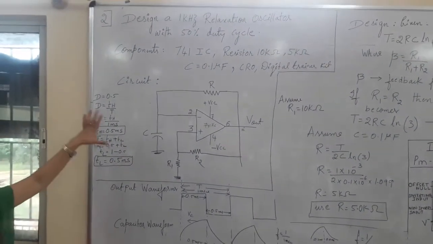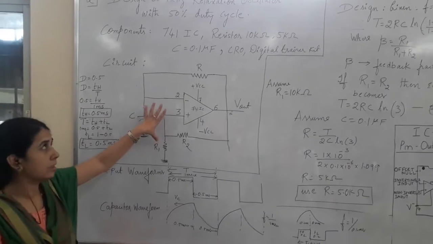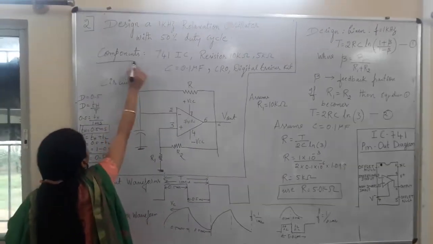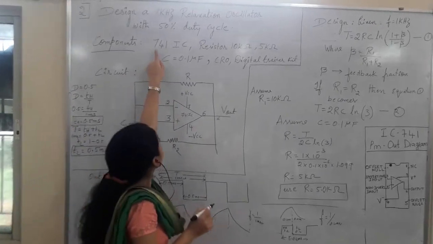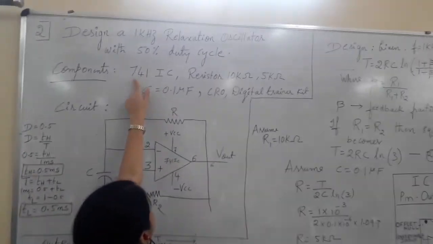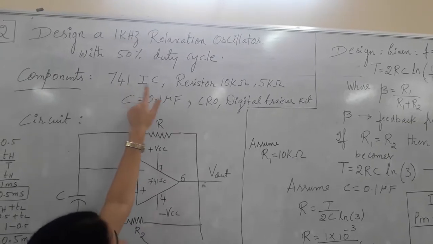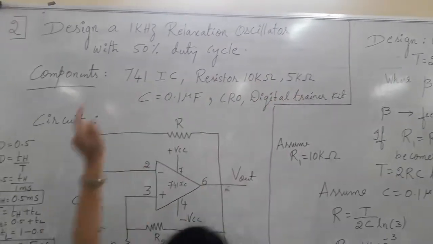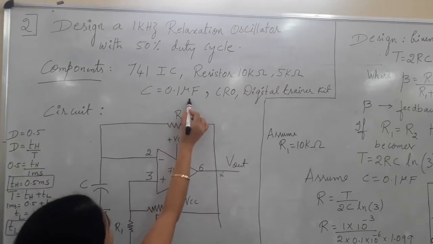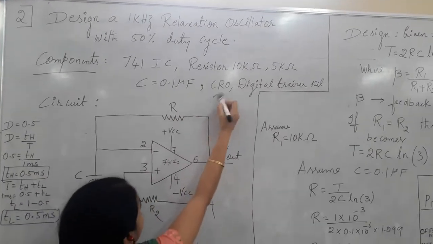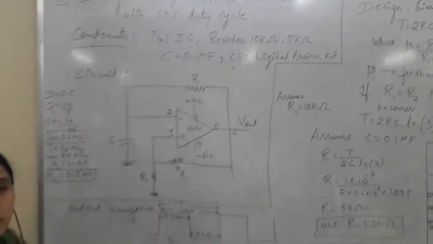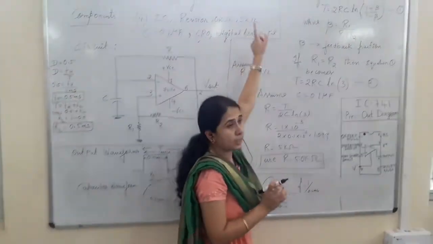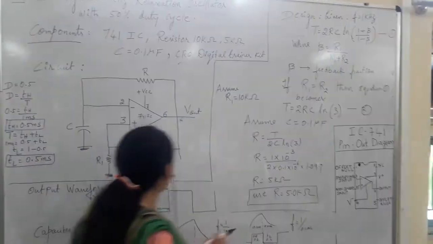Now, we need to design a relaxation oscillator. For designing a relaxation oscillator, we require the following components. The main component is an op-amp, that is the 741 IC, a 10 kilo ohm resistor, a 5 kilo ohm resistor, and a 0.1 microfarad capacitor. We also require a CRO to measure the amplitude as well as the frequency of the oscillation, and a digital trainer kit for connecting the circuit.